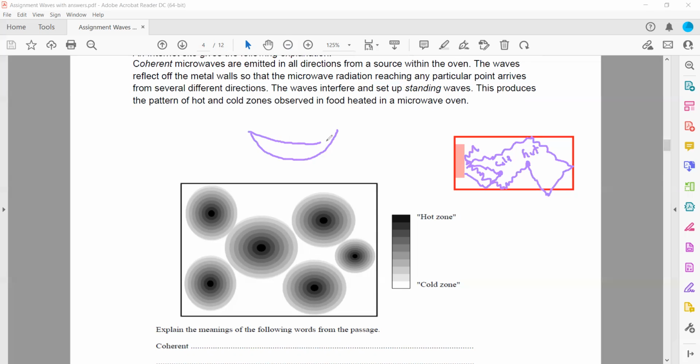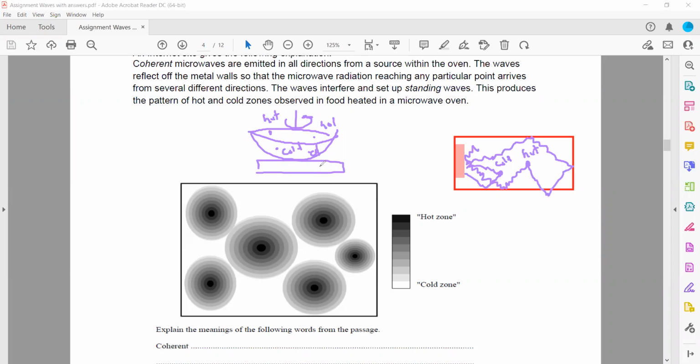When you keep the food inside, you place it on a turntable or a plate, and that plate is continuously rotating. What is the reason why this plate is rotating? Because at one point there is constructive interference, so that region will be hot, but at another point there is destructive interference, so that region will be cold. So hot and cold regions will be there due to constructive and destructive interference.